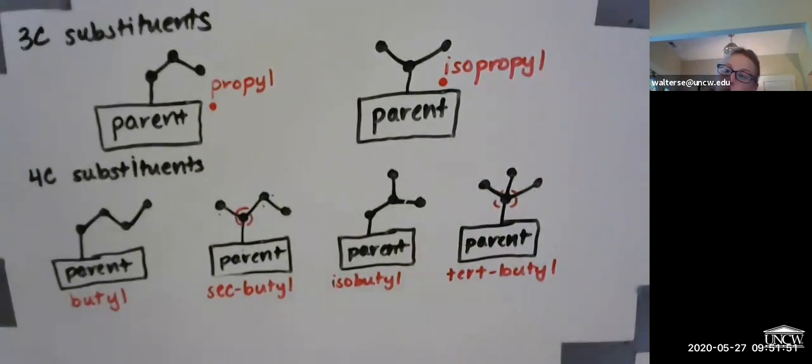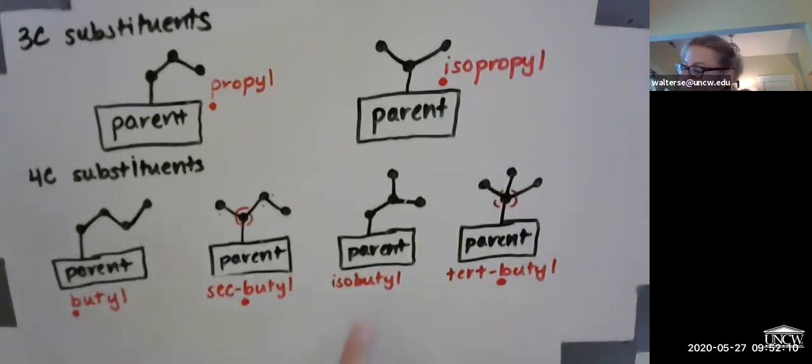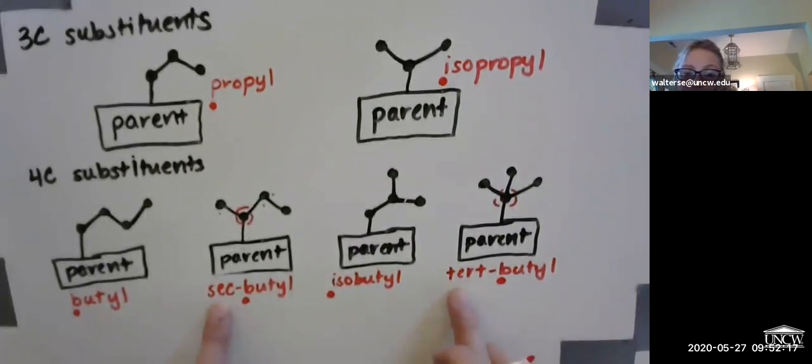Okay, now the only thing about this set that's annoying is in the naming. The B is used to alphabetize, but in isobutyl, you use the I. The reason is that sec and tert, these prefixes refer to numbers, and numbers aren't used to alphabetize.